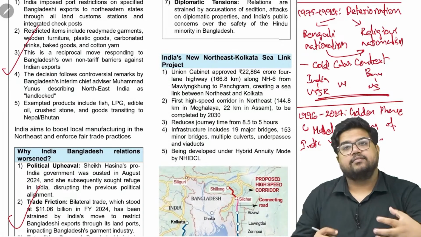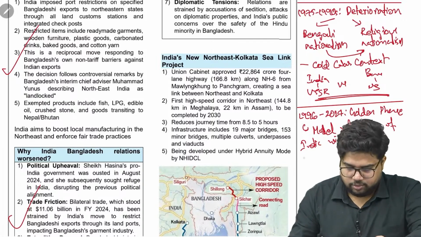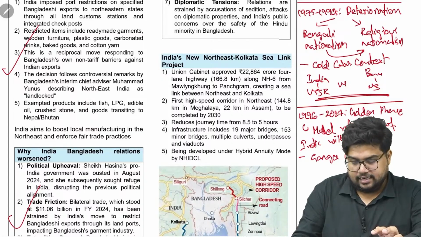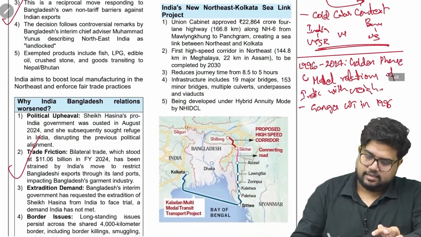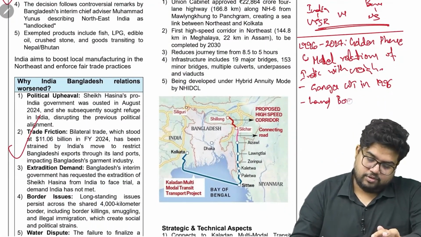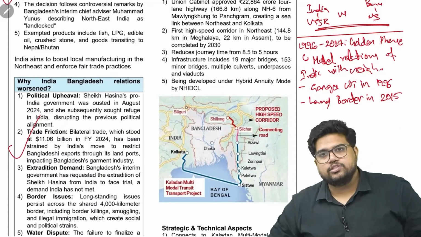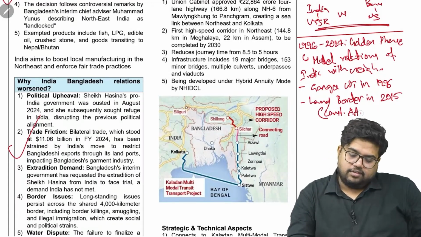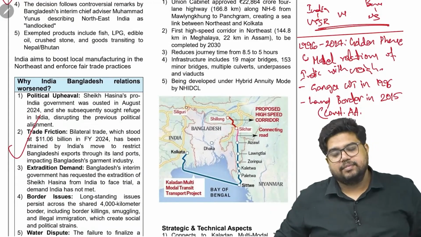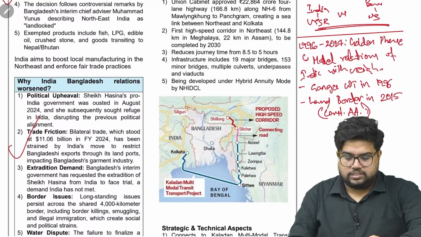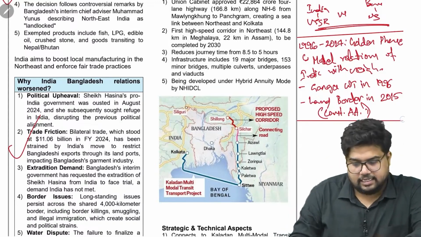These relationships made great strides, including the signing of the Ganges Water Treaty in 1996. We have the land border agreement in 2015. Tell me in the comment section, what constitutional amendment act was that? What was the number? So this was the golden phase in India-Bangladesh relations.